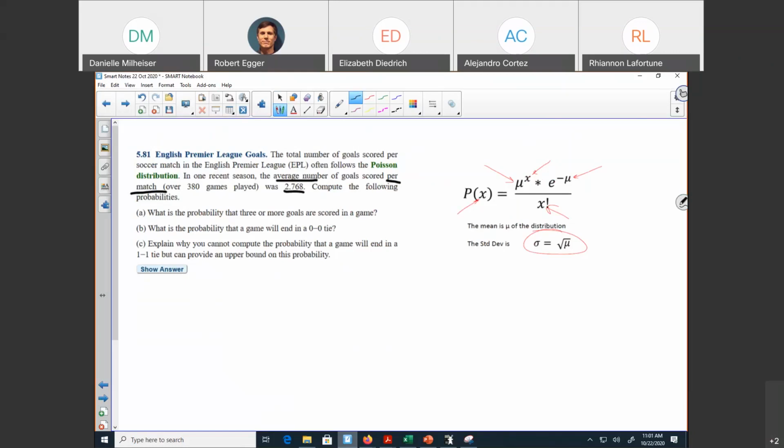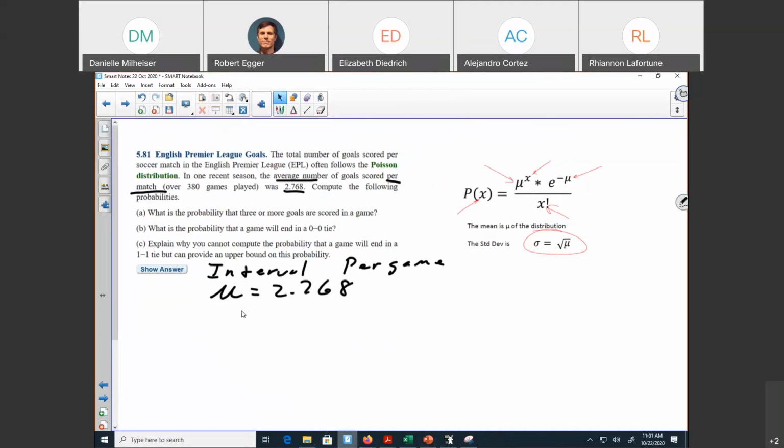So my interval is per game with a mu of 2.768. That's it. Now the question is, what's the probability that 3 or more goals are scored in a game? Wow.